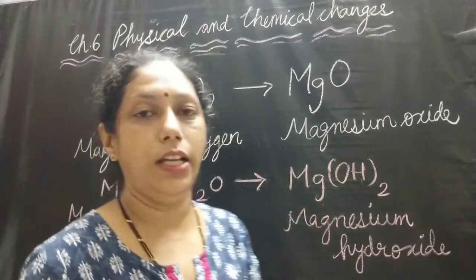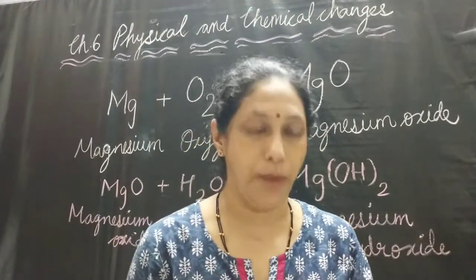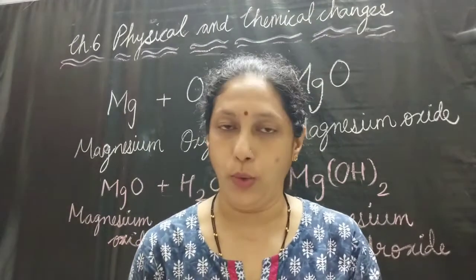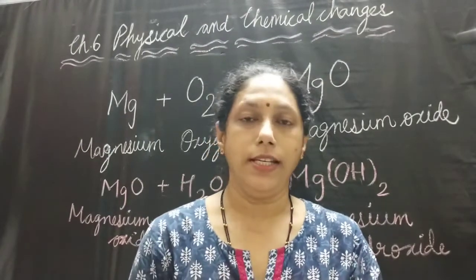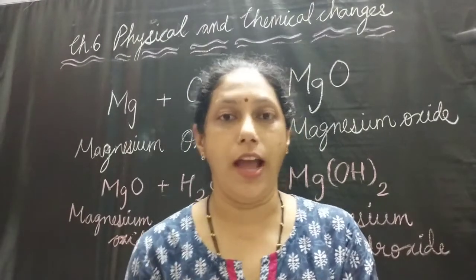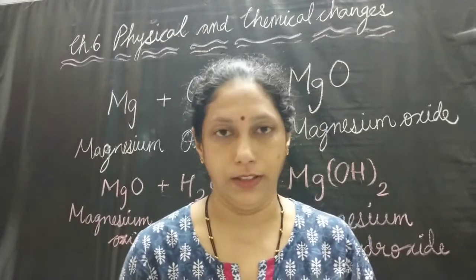As we learned in chapter number 5, magnesium hydroxide is a base, it turns red litmus to blue. So this is a chemical change. Here the powdery ash is completely different from the magnesium ribbon.